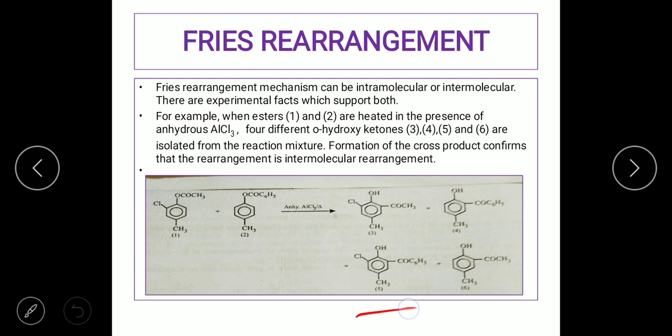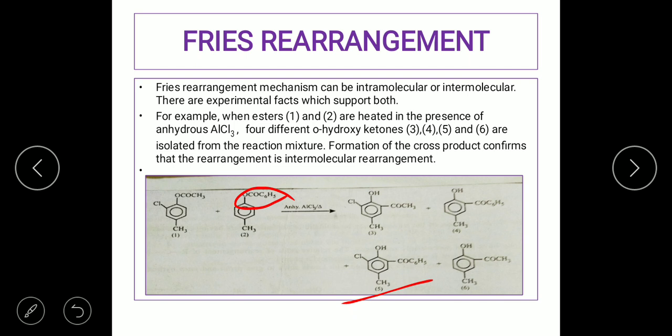But when you look at structure 5 and structure 6, you can see that a cross experiment is taking place. That is an example of intermolecular reaction. Products 5 and 6 are examples of intermolecular reaction, because the COC6H5 of structure 2 has rearranged to give the product in 5.